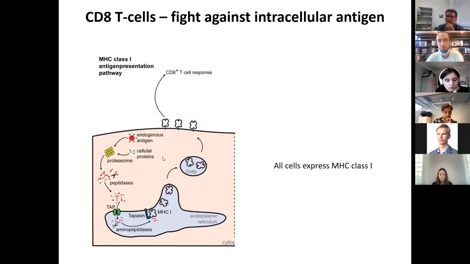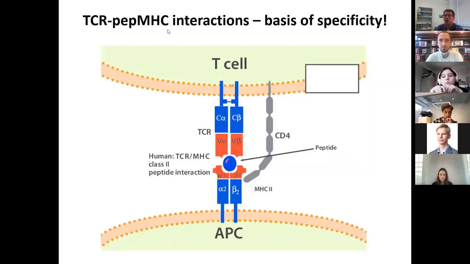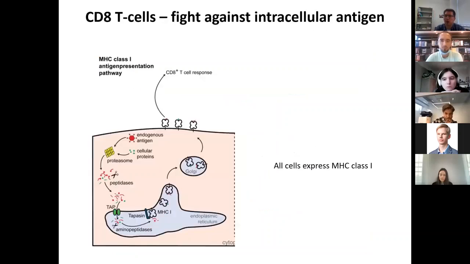And this very specific system of TCR-pepMHC interaction provides exactly the mechanism. The complexity and the challenge of this situation is specifically due to the requirement that any cell of the body should be able to somehow indicate to the T cells whether it is infected or not.